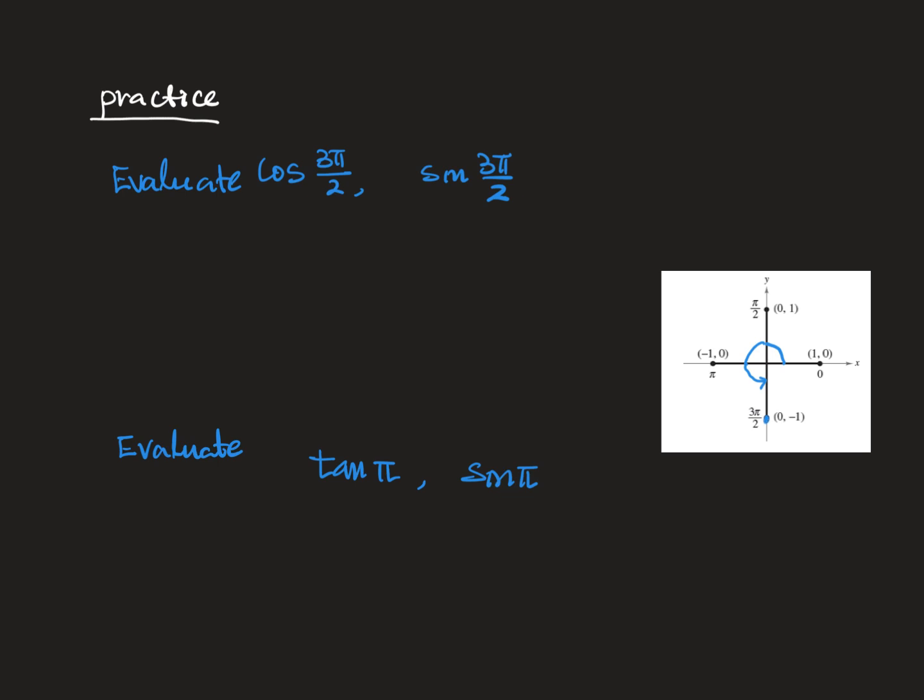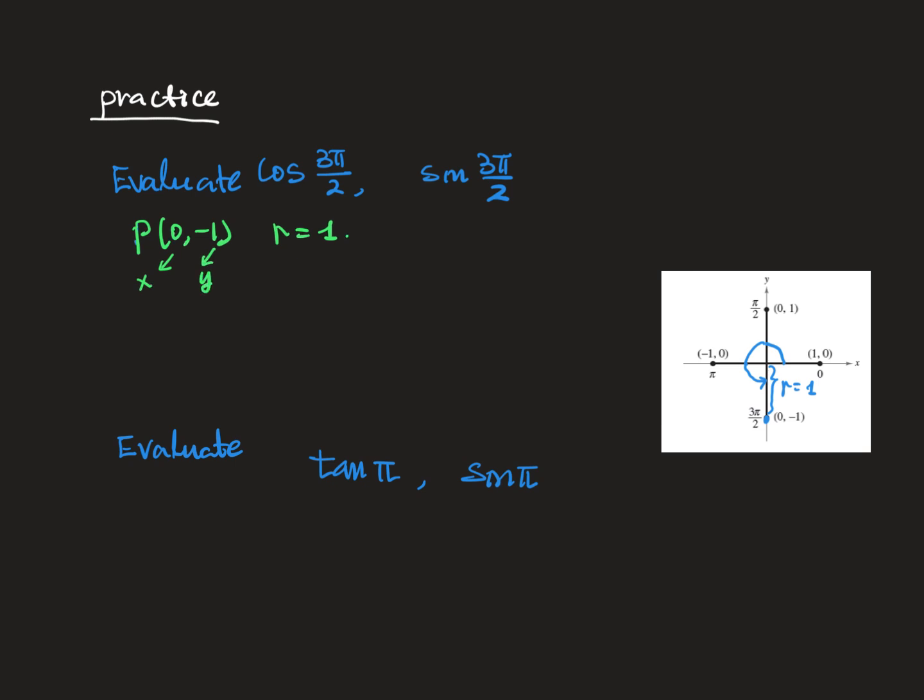I picked 0 and negative 1. What is the distance here? Here, r is 1. So you find the point P is 0 and negative 1. You find r is 1. So you can pick any point on the y-axis. I'm going to put this is x, this is y.